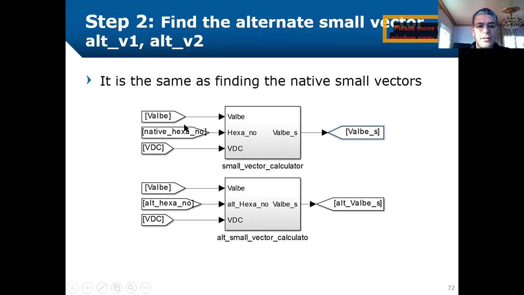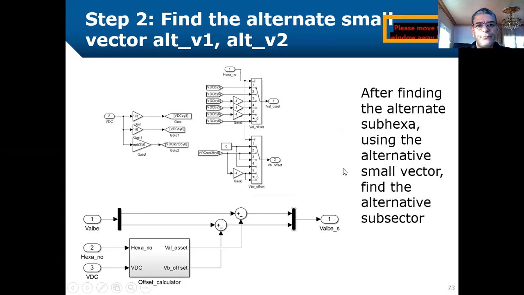We give V alpha beta in both cases, that's the two parallel buses which I mentioned, native hexa number and alternative hexa number. V alpha beta will give us V alpha beta small, and this will give us alternative V alpha beta small. In all cases, we also get VDC.